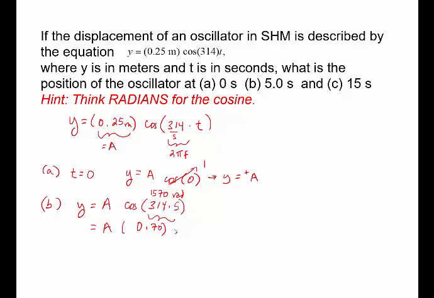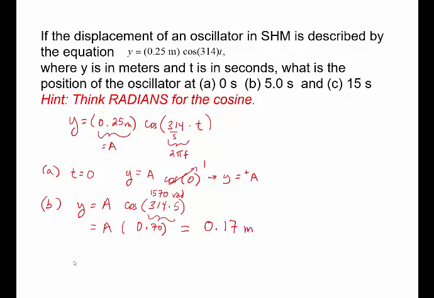So at this point, I'm at 70% of my maximum A. So take 0.70 times 0.25, and y is equal to 0.17. And that's in meters.